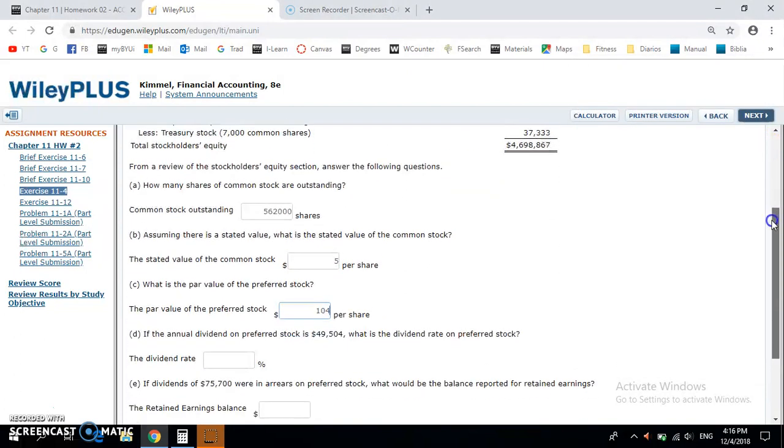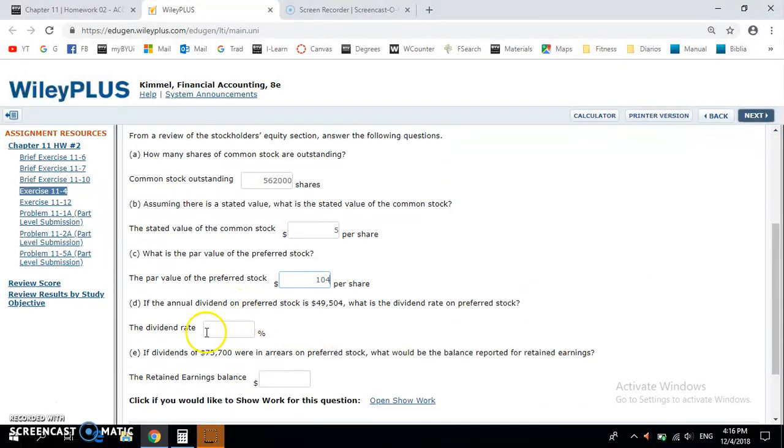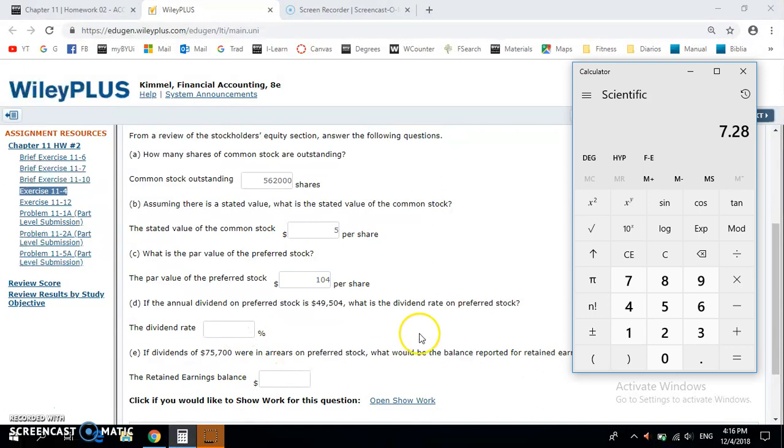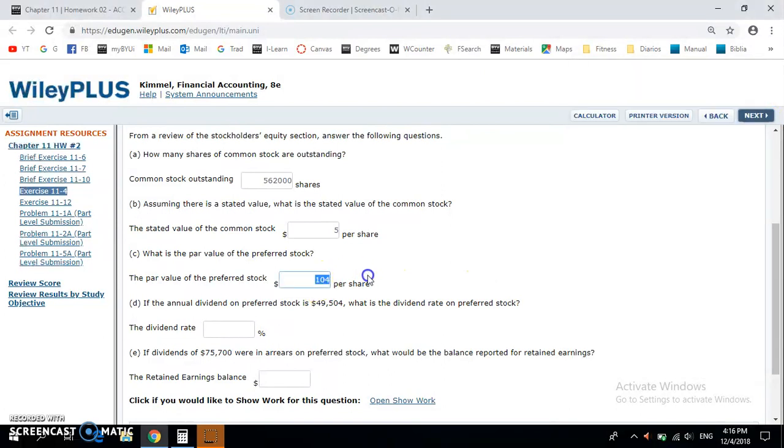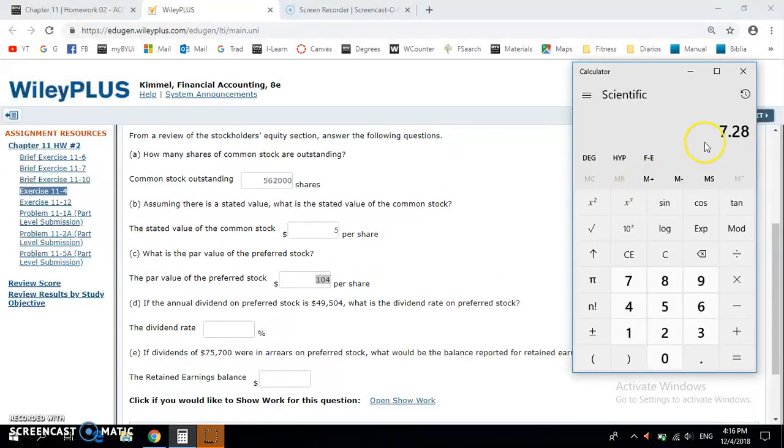But we're not being asked how much, we are being asked about the rate. So we have to find out what percentage this is of the total price of the share. So we just do 7.28 divided by 104, which is the price of the share, and we know that is 7%.